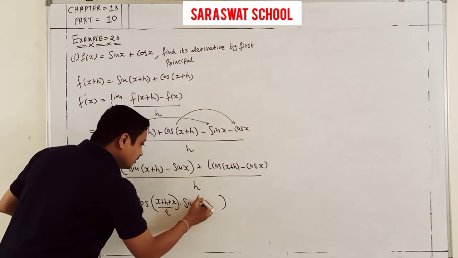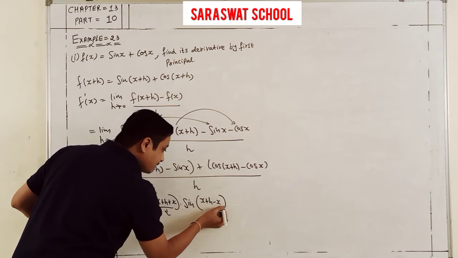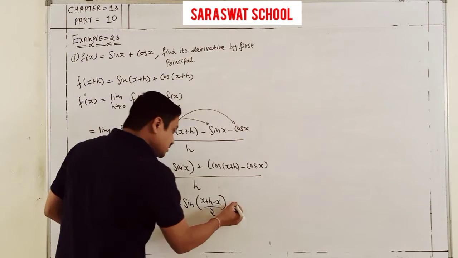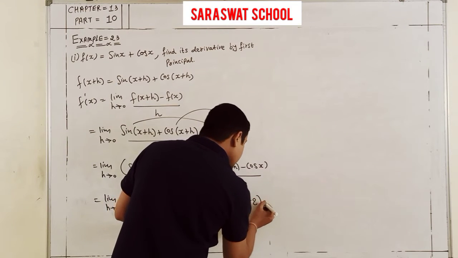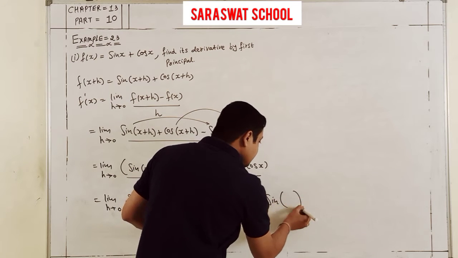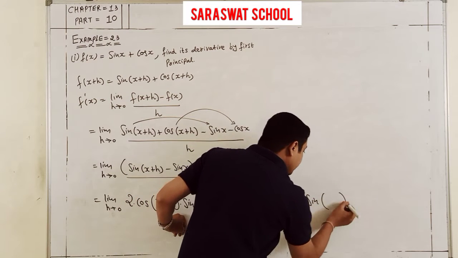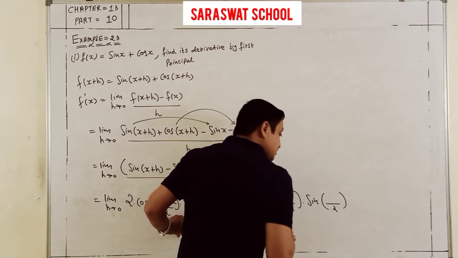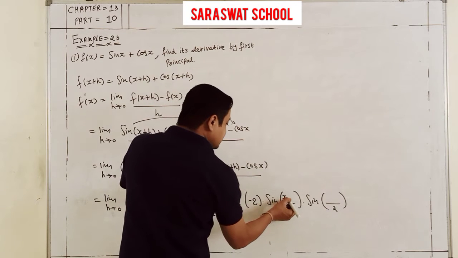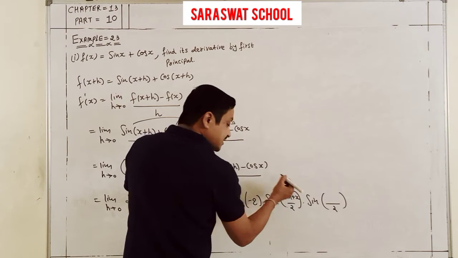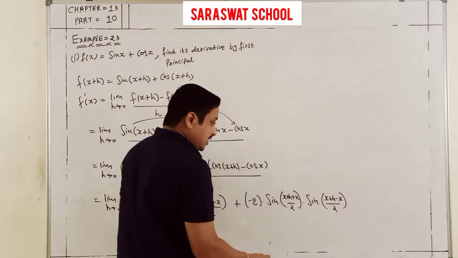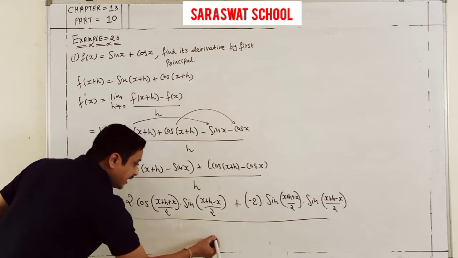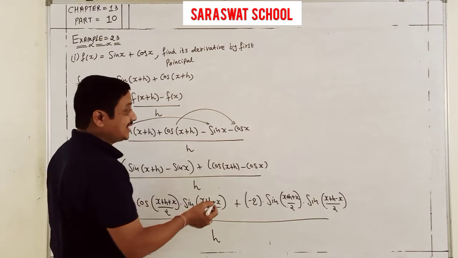So we add x plus h and x, and subtract x plus h minus x, and upon h we write as it is.